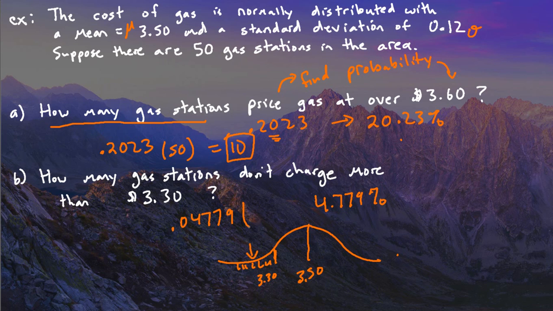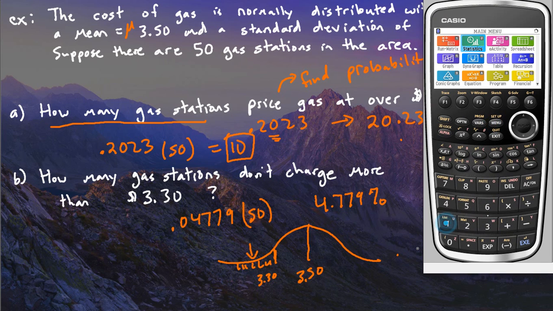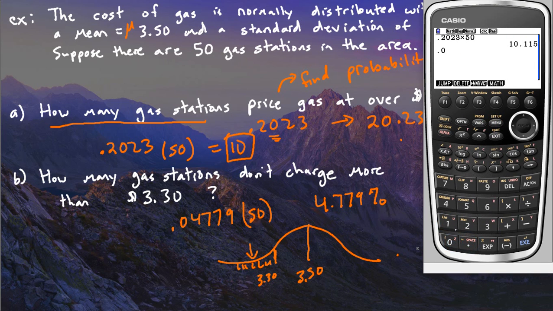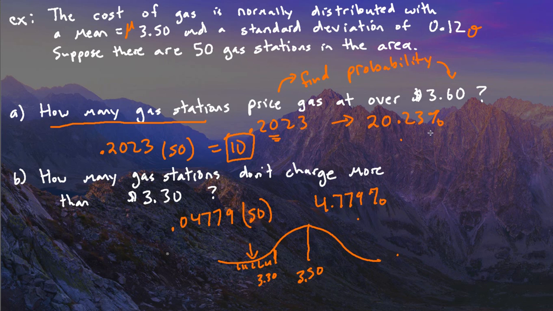So I take this and I'm going to multiply it by my 50 gas stations. So I'll go back and 0.04779 times 50. And we find there's 2 gas stations, basically. There's 2 gas stations that are charging $3.30.